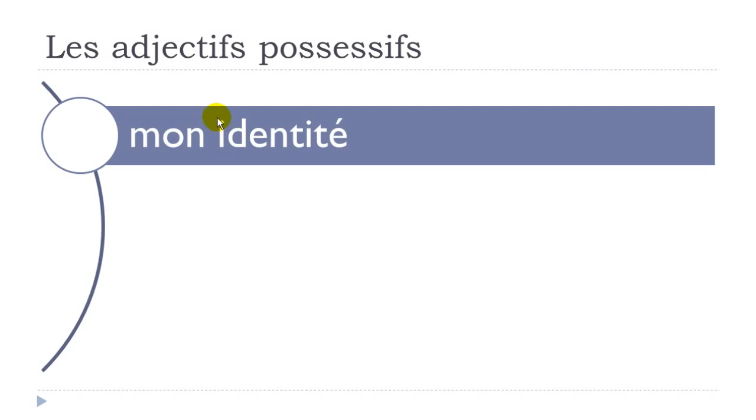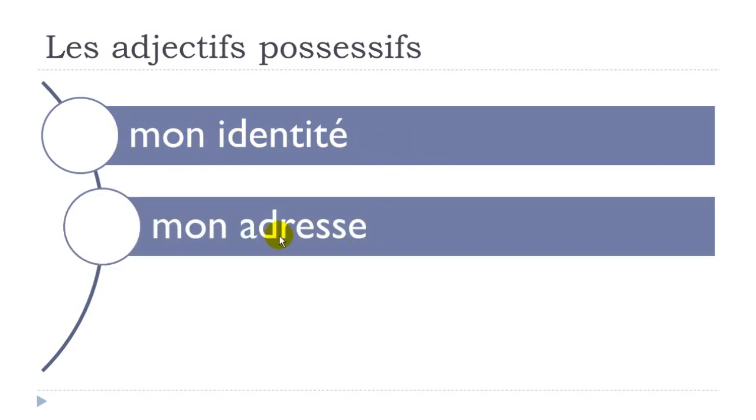So for that reason, we put the masculine adjectif possessif. So remember, with feminine words that start with a vowel like I here, identité, you will have to use the masculine form. So it goes like mon identité, so my identity, mon identité, mon identité.